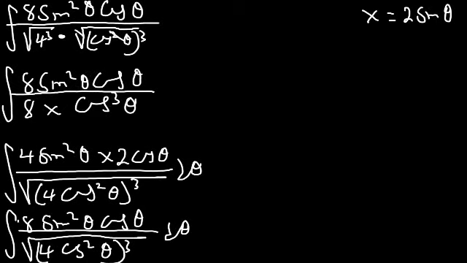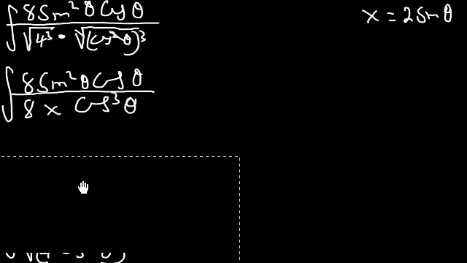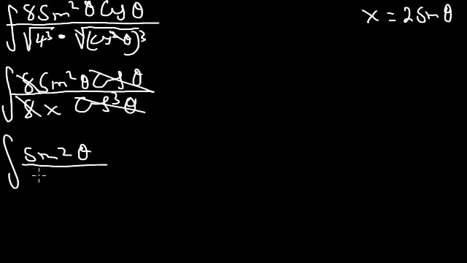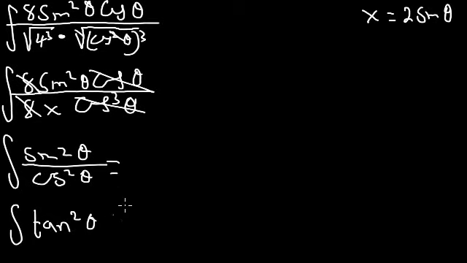Perfect. Now, you can clearly see that at this point, cosine will reduce cosine, and 8 will reduce 8. We should be left with sine squared theta, all divided by cosine squared theta. And sine squared theta over cosine squared theta, we know that will eventually be tan squared theta.